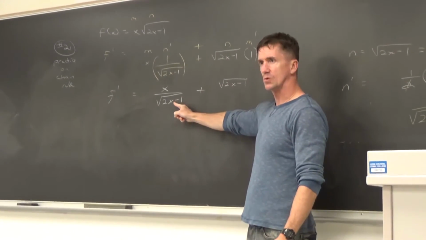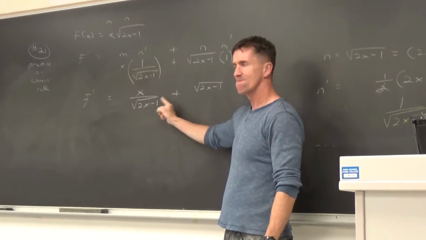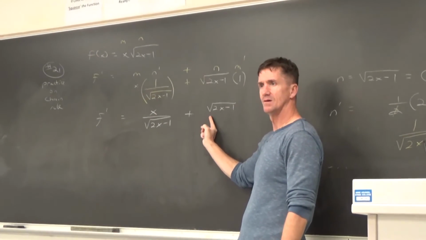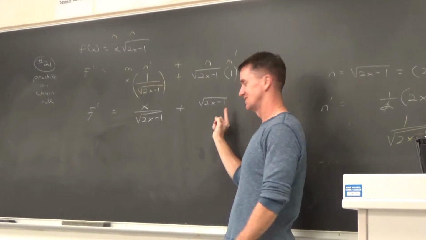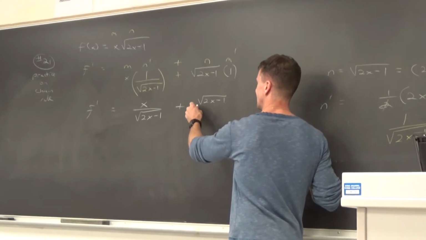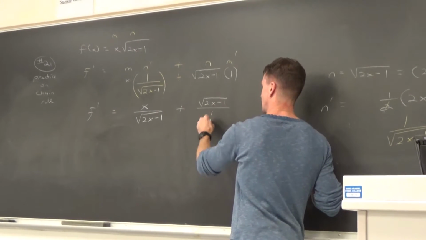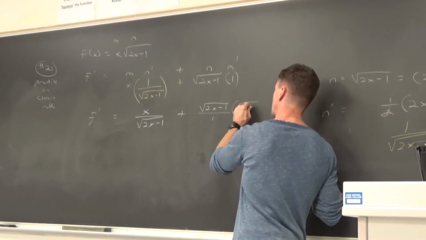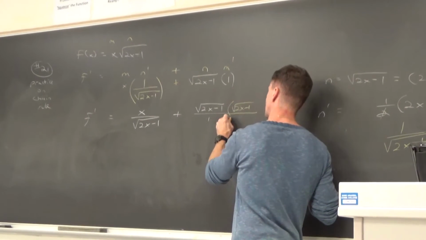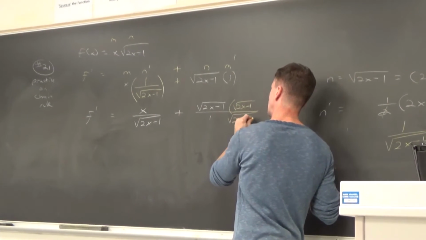Well, that has a square root of 2x minus 1 in it, right? This is over a what? 1. So how can I make these common? Since this is over 1, just multiply by the square root of 2x minus 1 over the square root of 2x minus 1. And you now have common denominators.